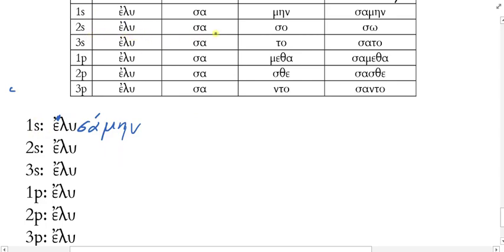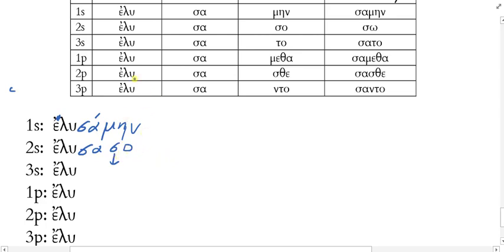It's elusa, but now I'm going to add the second singular middle passive ending, which is another sa sound, but it's with a sigma omicron. Now what's going to happen here? Elusa-so. Yes, this sigma that's part of the personal ending finds itself between the two vowels here, and it is going to drop out.